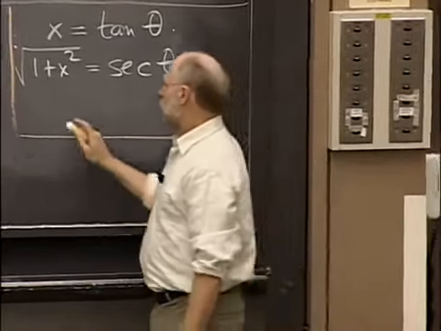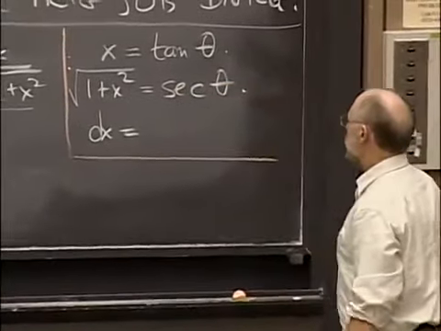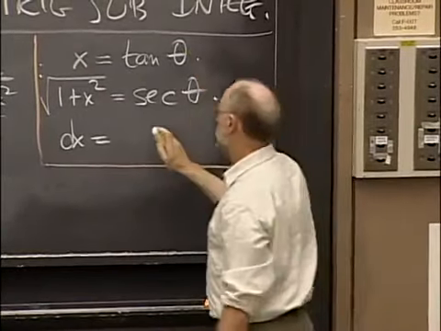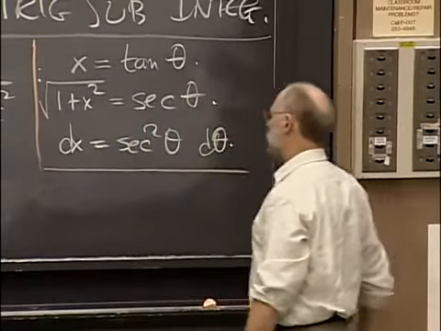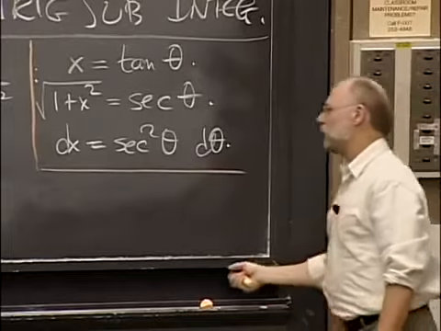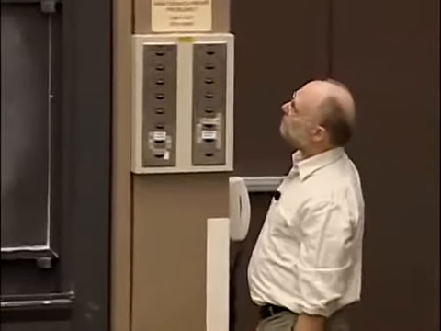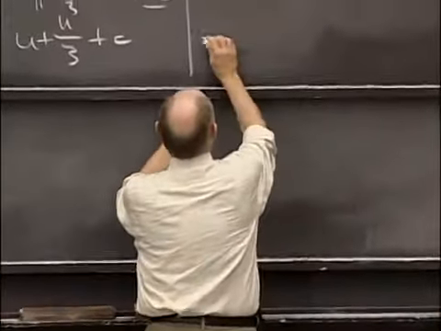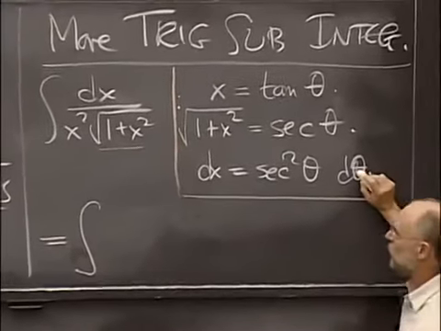I'd better be able to get rid of the dx too. That's part of the substitution process. But we can do that because I know what the derivative of the tangent is. It's secant squared. So dx d theta is secant squared theta. So dx is secant squared theta times d theta. So let's just substitute all that stuff in and rewrite the entire integral in terms of our new variable theta.